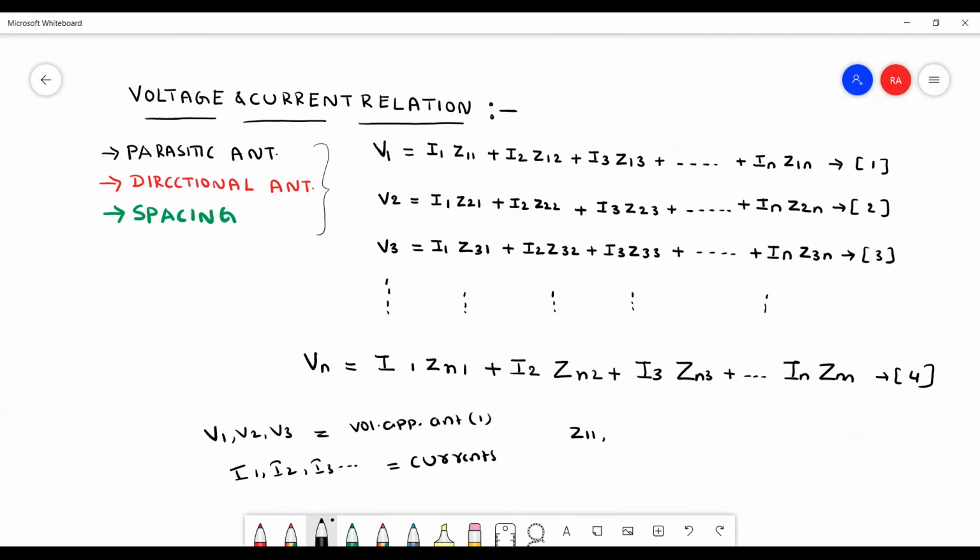Similarly, Z11, Z12, Z33 up to ZNN are the self and mutual impedances between antennas, which are very popular.